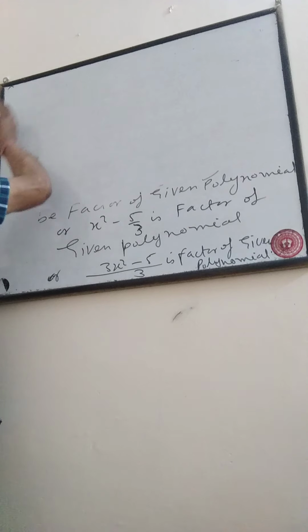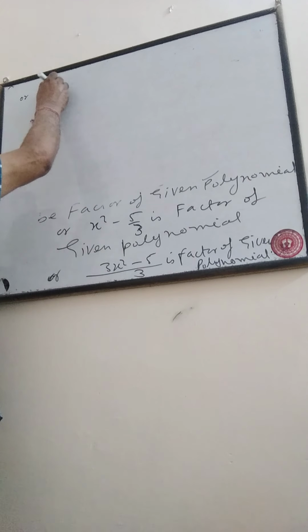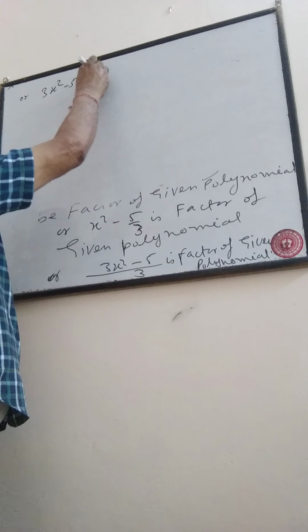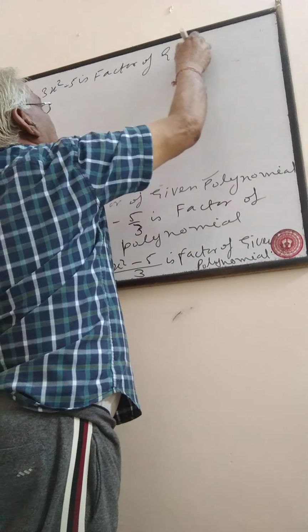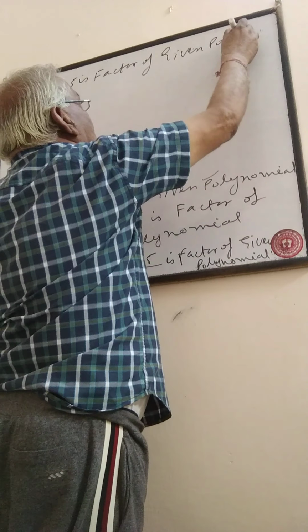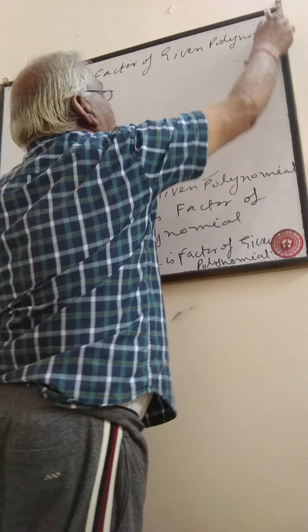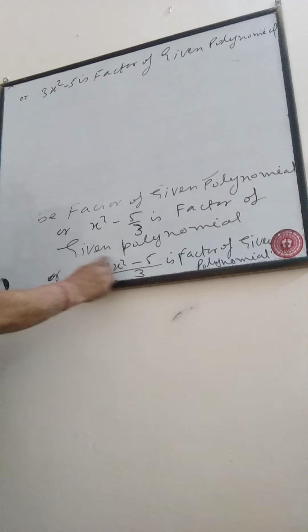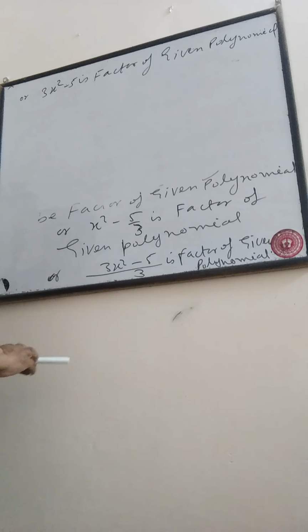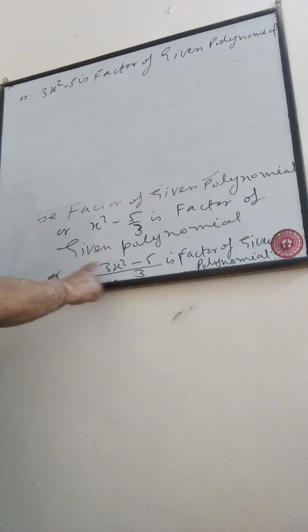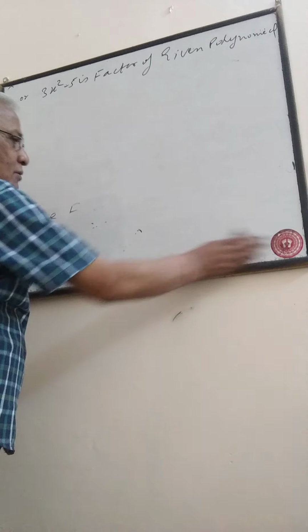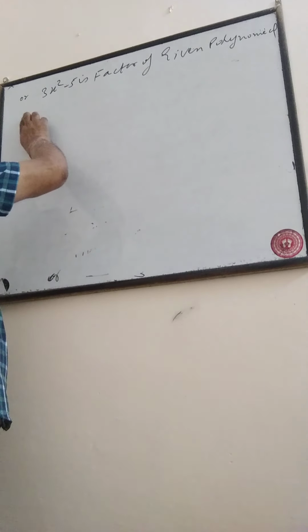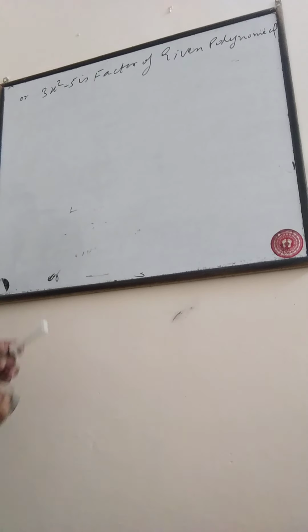So 3x square minus 5 is a factor of the given polynomial. You can leave this 1 upon 3 and write only 3x square minus 5 as the factor of the given polynomial. Now you have got one factor, 3x square minus 5, of the given polynomial.